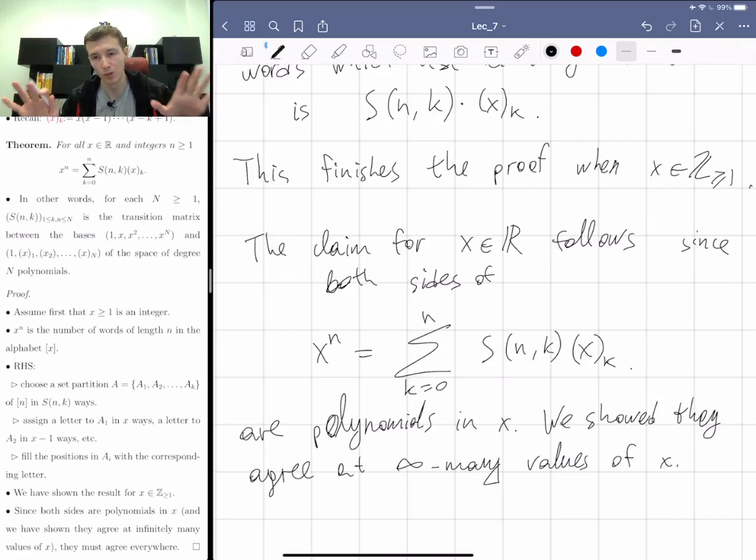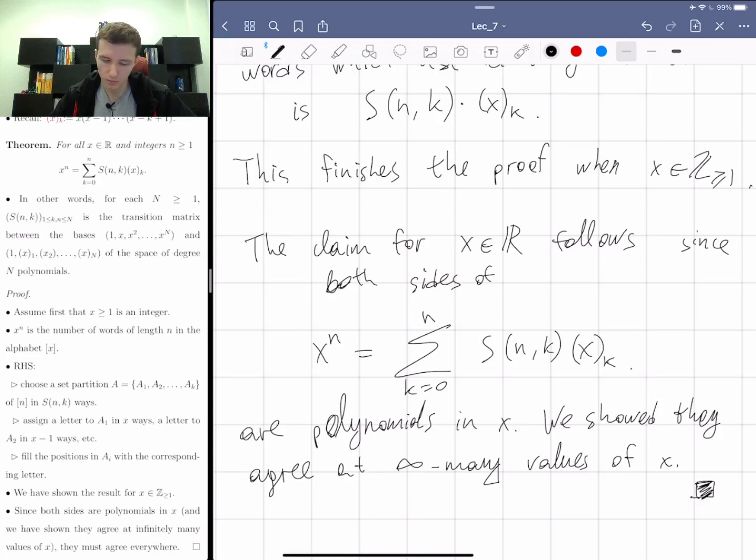If you have two polynomials which agree at infinitely many values, then they have to be equal as polynomials, because their difference cannot have infinitely many roots. It can have at most n roots, but we found infinitely many, so the difference has to be the zero polynomial. Since they are the same polynomial, they have the same values for all real x's.